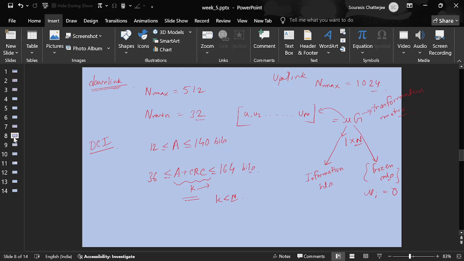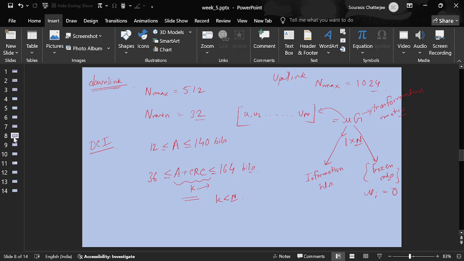Sir, I have a question. Here we have just K information bits, right? That is A plus CRC. So how are we converting that to N bits? Like you said, from the u, we are grouping that u into two sets. One is information and another one is frozen.